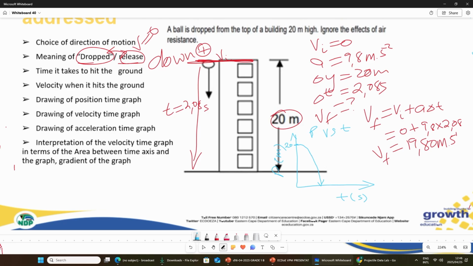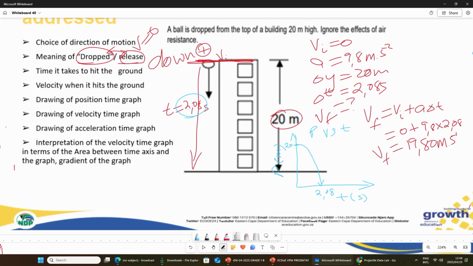It hits the ground at 2.08 seconds. So that's how our position versus time graph is supposed to look for this scenario.